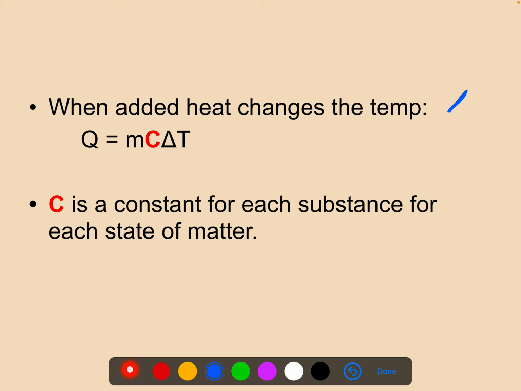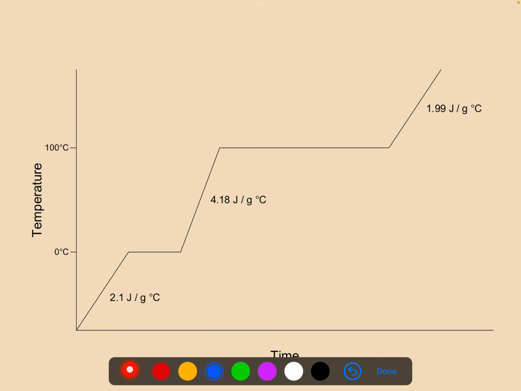So for water, there is a different specific heat if it is a solid, liquid, and a gas. Whenever water is a solid, that constant for specific heat is 2.1. Whenever it is a liquid, that constant is 4.18. And whenever it is a gas, that constant is 1.99.